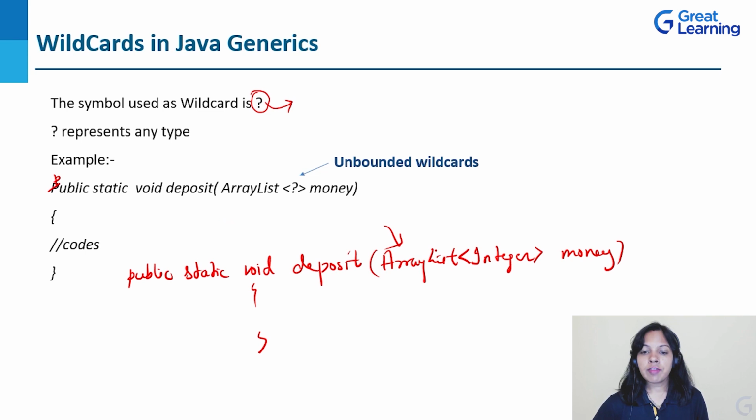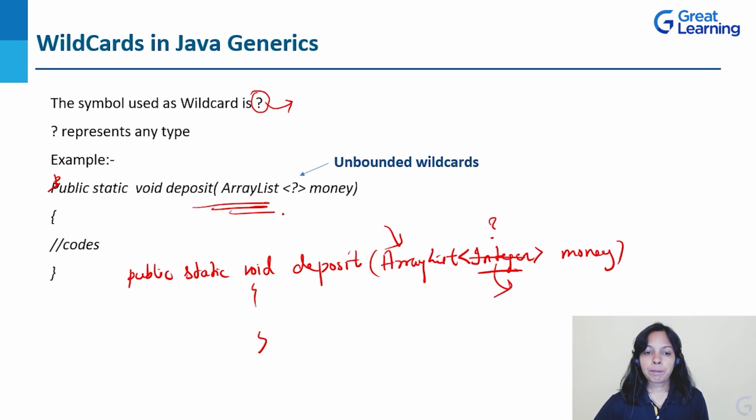But if I don't know that, and I don't want to specify that this ArrayList can be of only type Integer, that it can be of any other type as well, then in that case we just put a question mark in place of Integer here. That's what this method is all about. So it can take any type in this case.